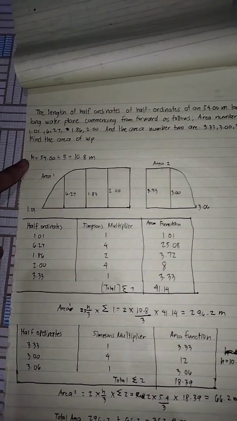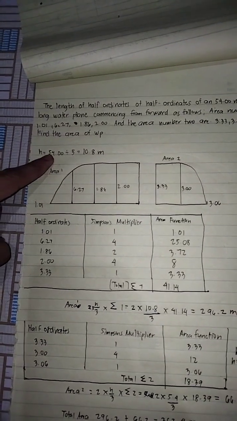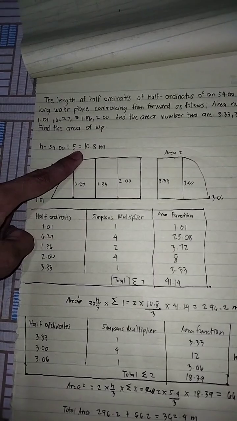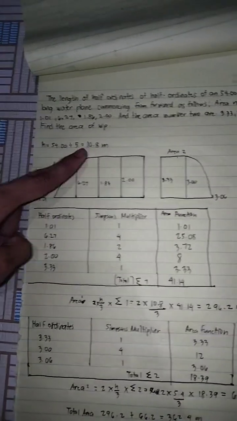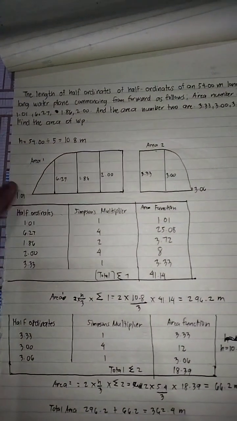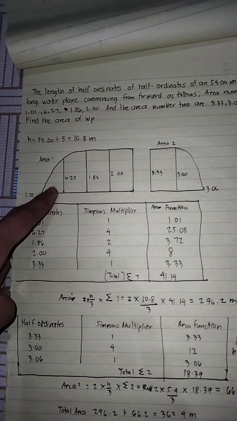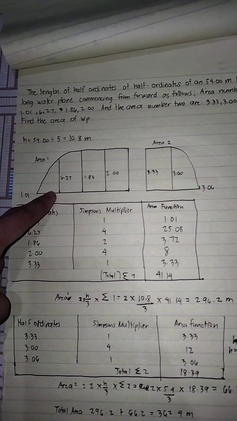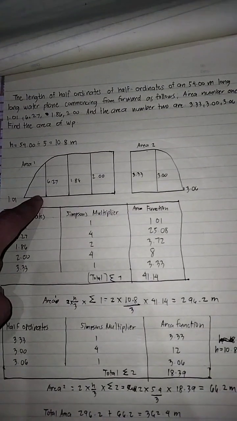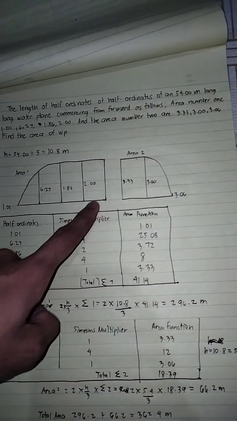First, we need to get the interval. 54.00 divided by 5 is equal to 10.8 meters. So the interval of these ordinates is 10.8 meters each.